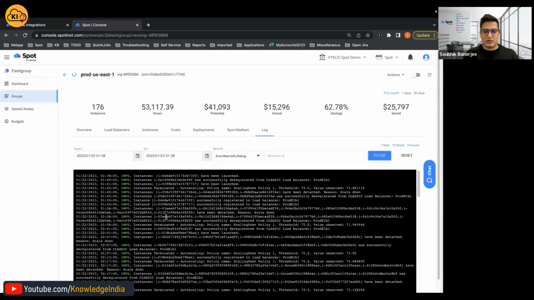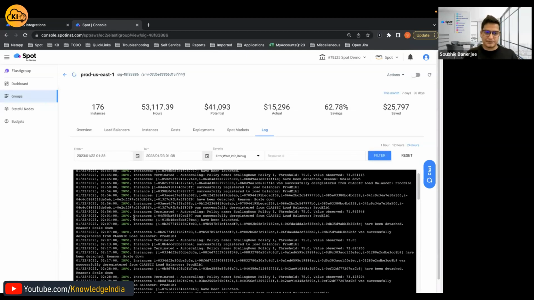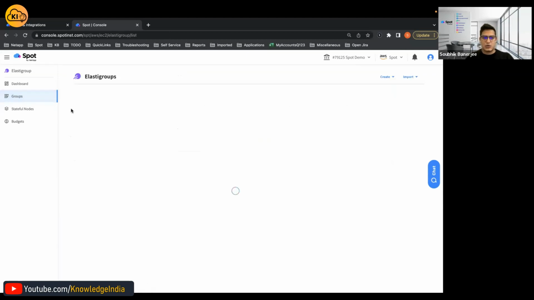You get all this information from the logs. They have a retention of 3 months, so you can see logs going back 3 months from today. That's about what you get to understand from the Elastigroups.